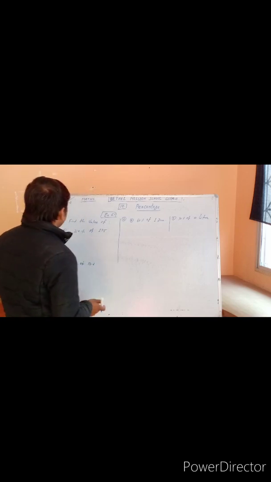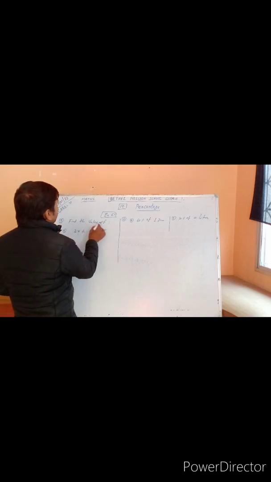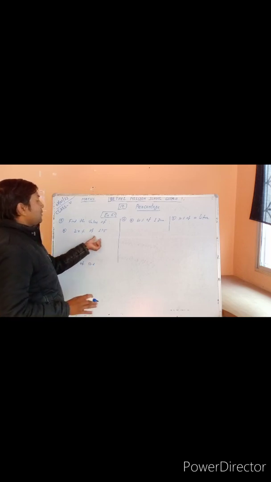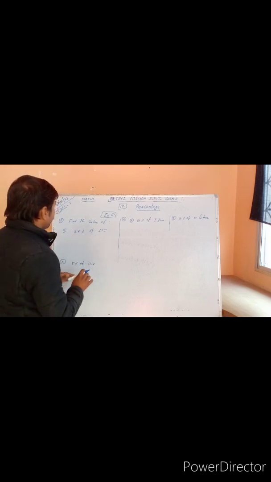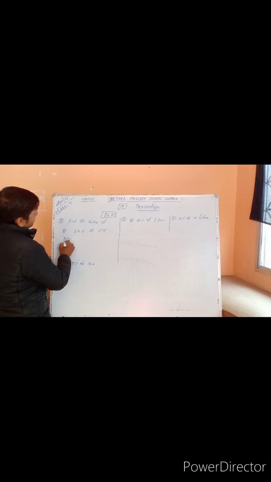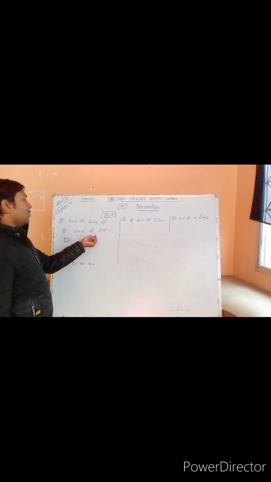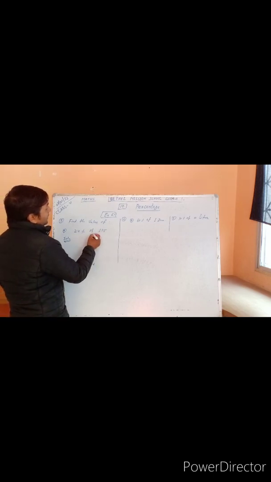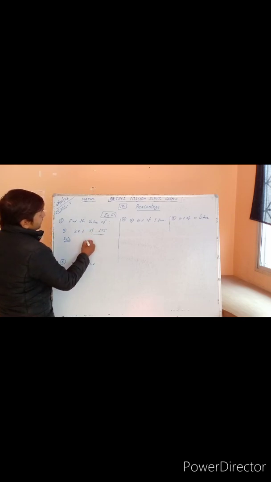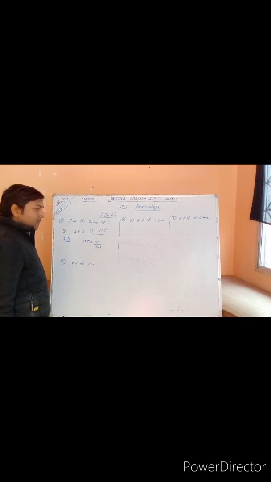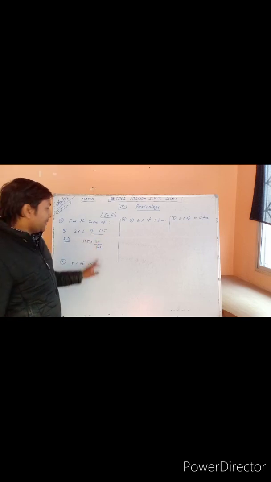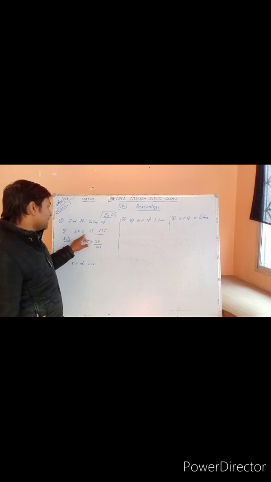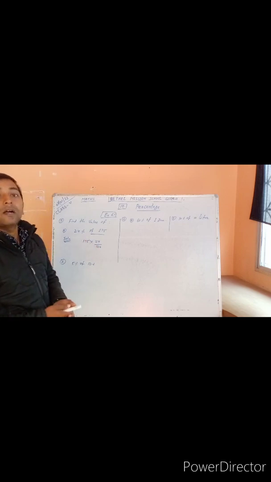5th number question says find the value of 24% of 175. So how will you solve? First write that 175, and "of" means multiply, 24%. Percent you know is by 100. First write this part, 175 into 24, and percentage means by 100, out of 100.